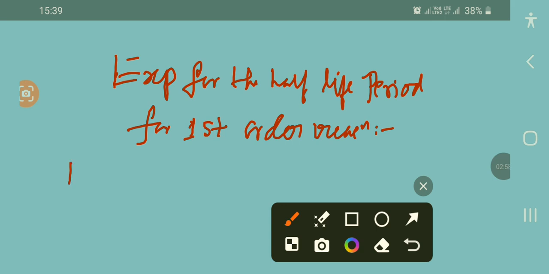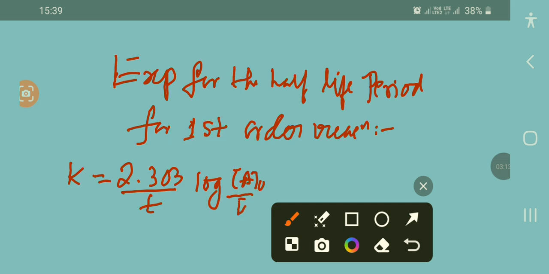We have K equal to 2.303 by T log A naught by A. This is the expression for rate constant of first order reaction that we have already derived.